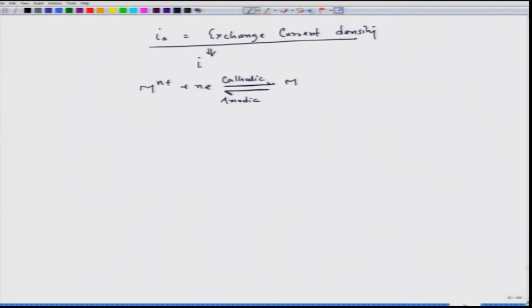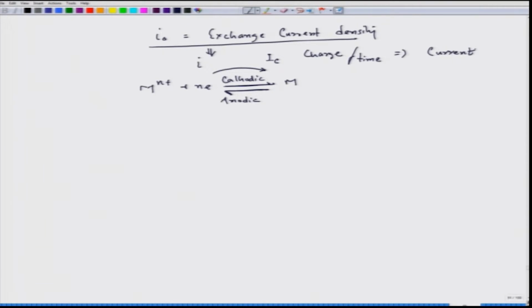Now, if I see the cathodic part, the rate at which electrons are consumed, we can express in terms of IC, the charge per unit time, which is current.